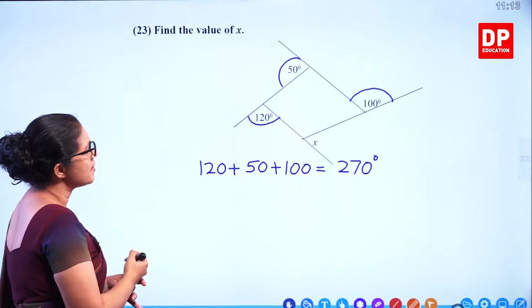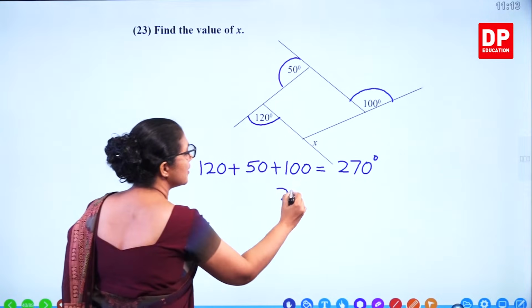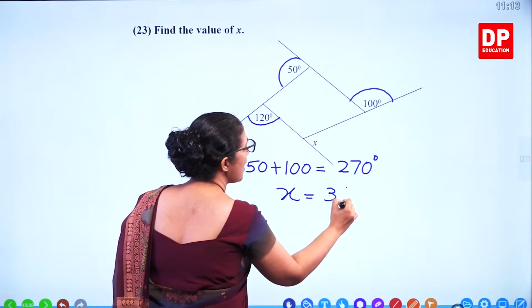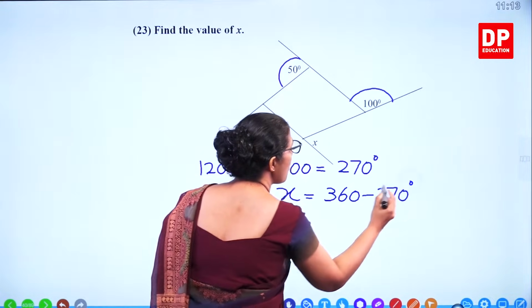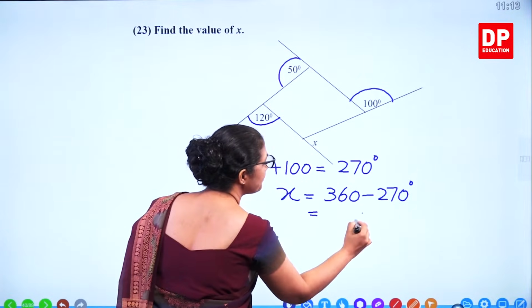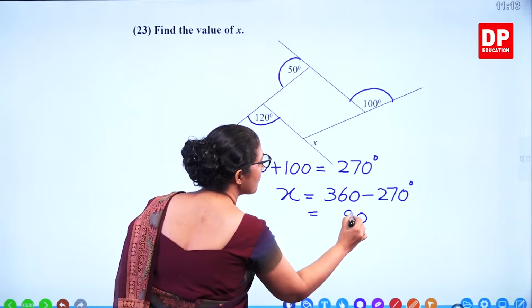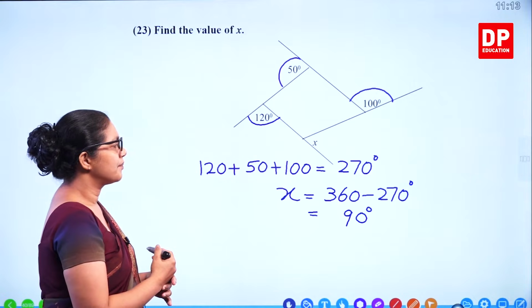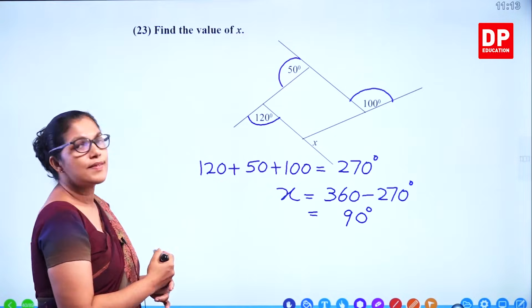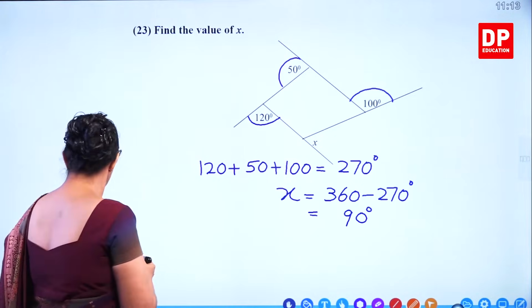So that's 270. So what's x? You can easily find x by subtracting 270 from 360. 90 degrees. So x is 90 degrees.